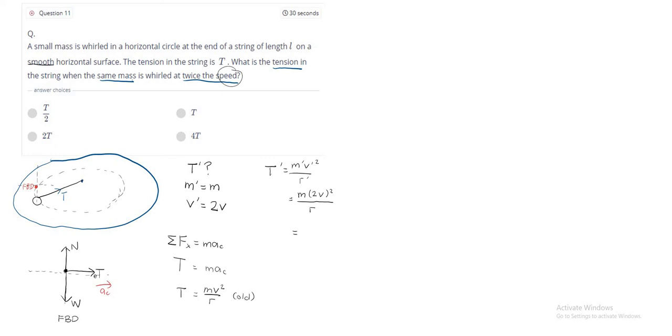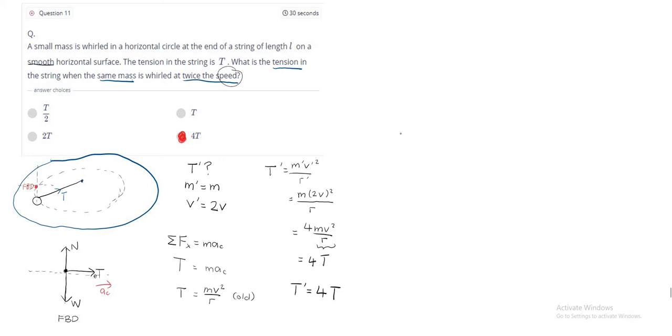If we open it up, it will be 4mv squared over r. And this mv squared over r is just the old tension. That's why the new tension is equal to 4 times the old tension. So we can know from here that the answer will be 4T.